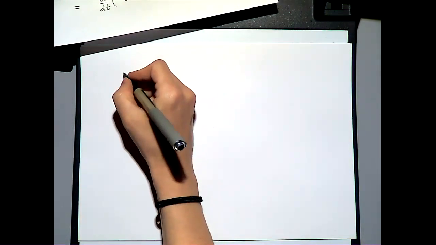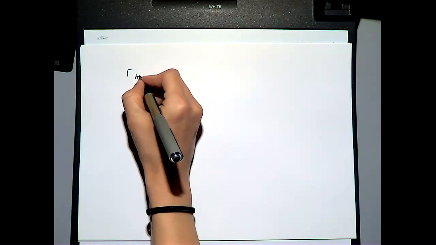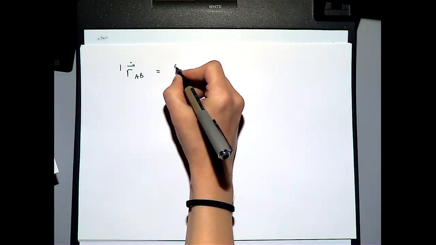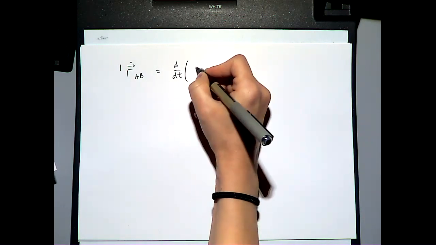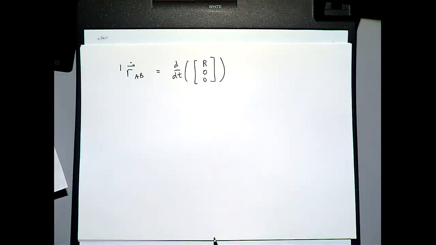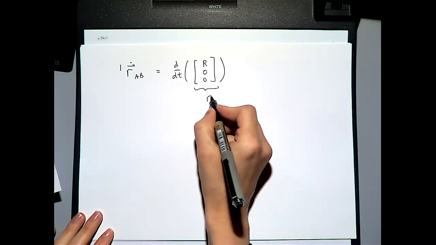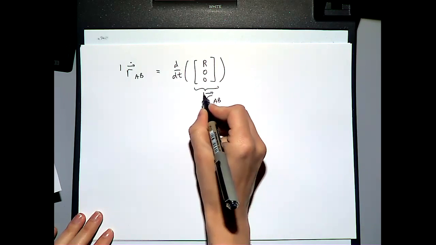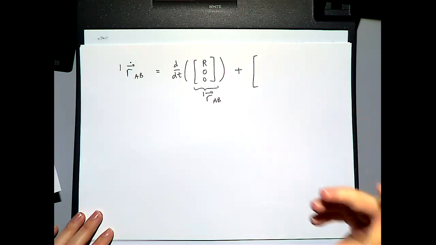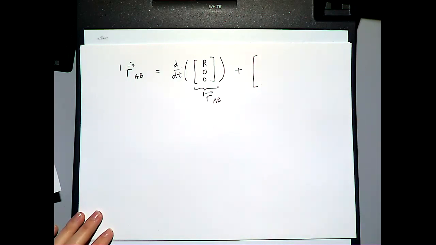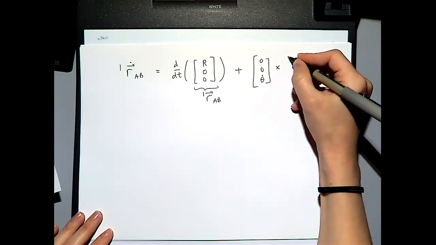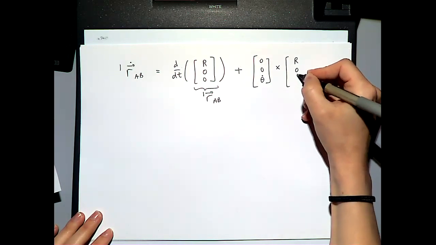If I want to do RAB dot in frame 1, I will need to do this d dt of R00, which is RAB in frame 1, component by component, plus the angular velocity of frame 1 expressed in frame 1, which was 0, 0, theta dot, cross with the vector itself, R00.